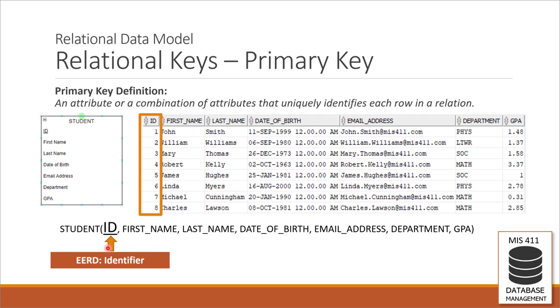And again, as I mentioned before, in the simple format, if we need to represent this on a one-liner, you just have the table name, the relation name, and use an underline to represent the primary key. So here we said that the underline represented an identifier, which was a unique attribute, and here we're saying the underline represents the primary key, unique attribute. Same thing. So in the EERD we call it identifier, and in a relation we'll call it a primary key.